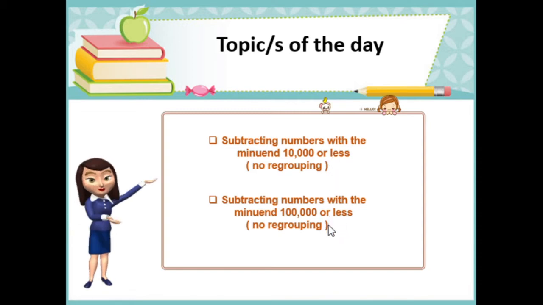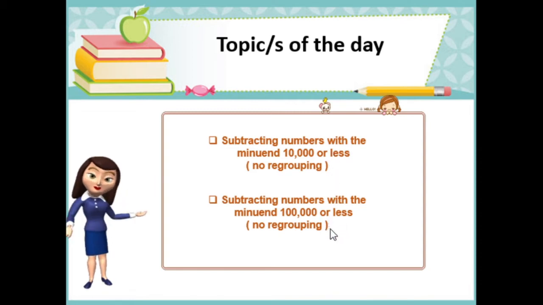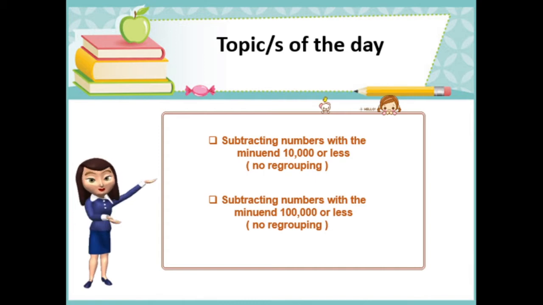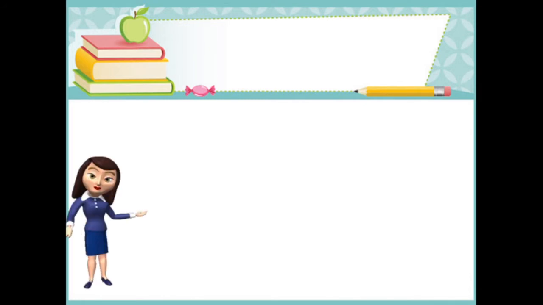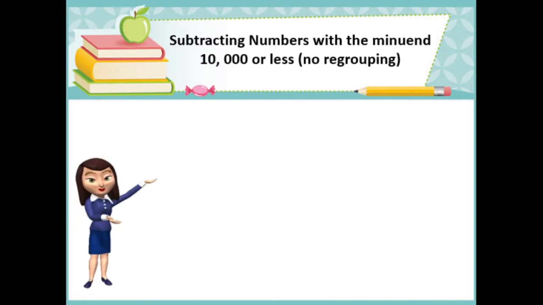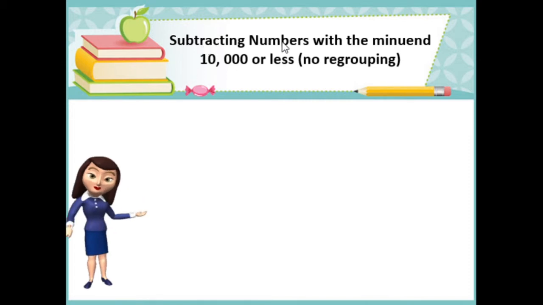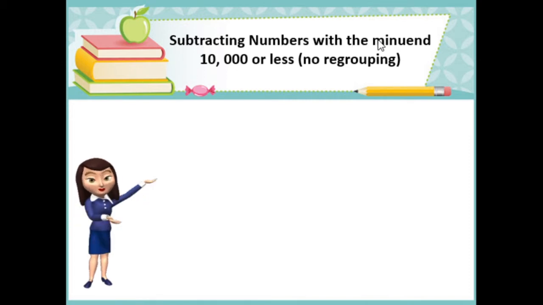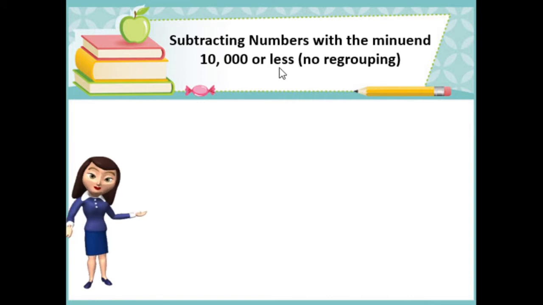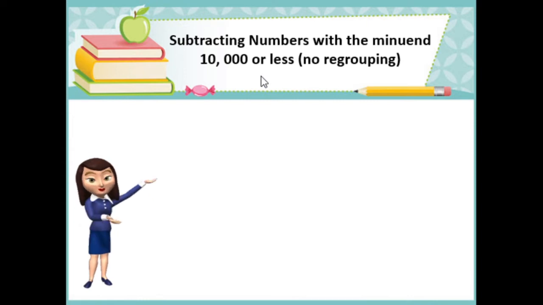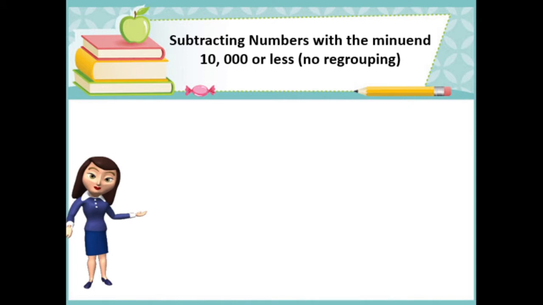And these two follow a no regrouping action. Okay, let's start. Let's look at first and study subtracting numbers with a minuend of 10,000 or less. So 10,000 down, 10,000, 9,000, 8,000, 7,000 or less.